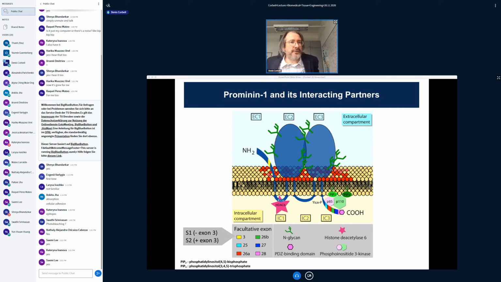What will this molecule do in the primary cilium or in microvilli? Maybe change the shape of the membrane? Yeah. Any other people have an idea?